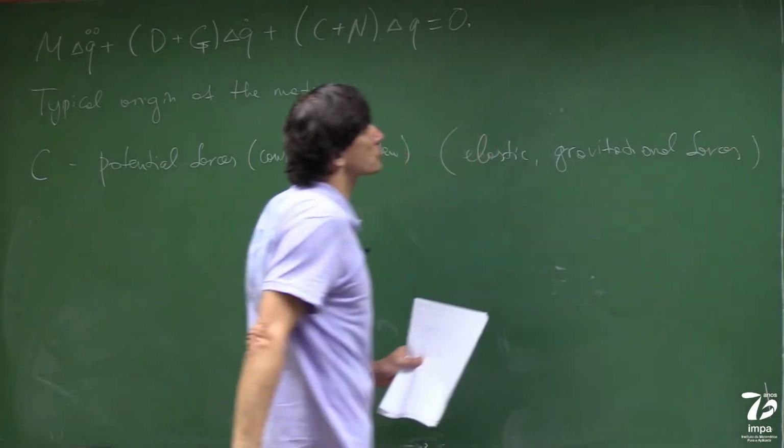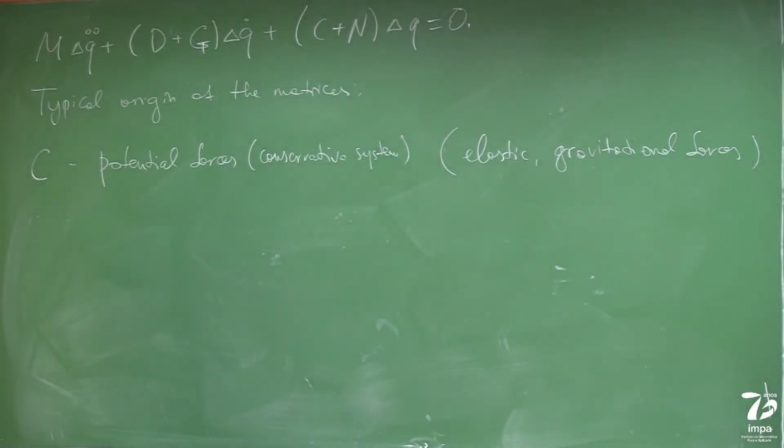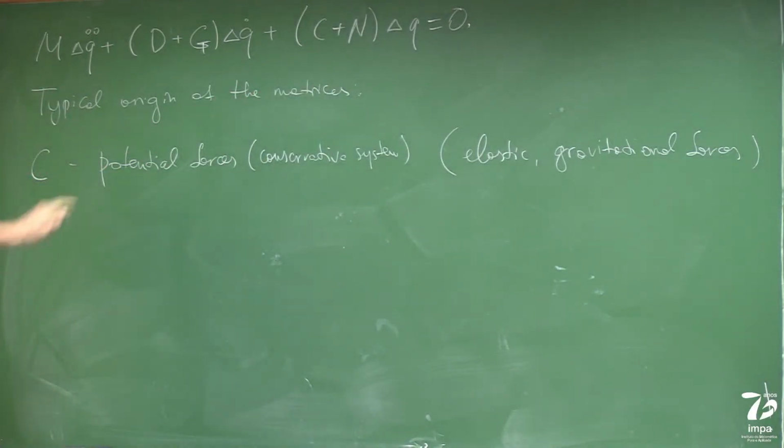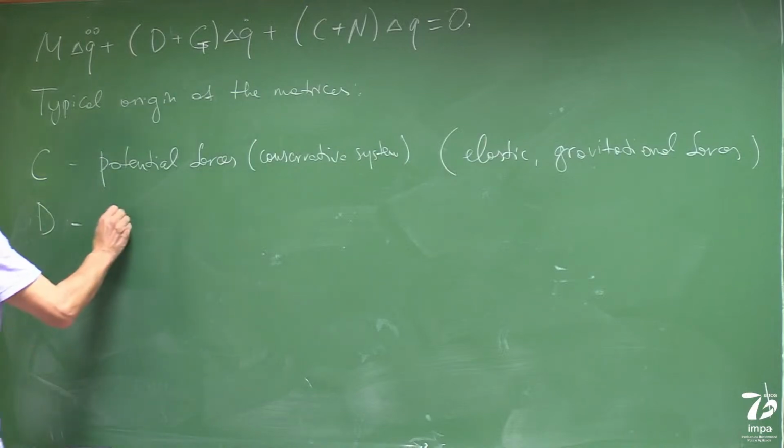All the forces which can be written as a gradient of potential contribute to C. Now we also know what D is. D often comes from dissipative forces.